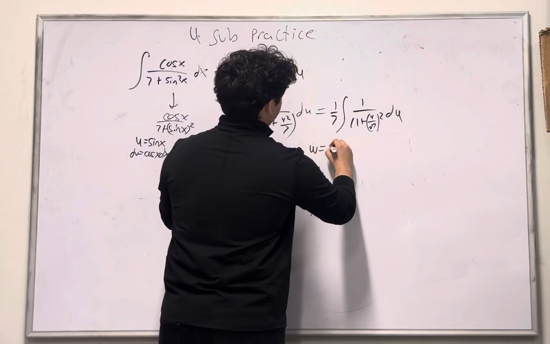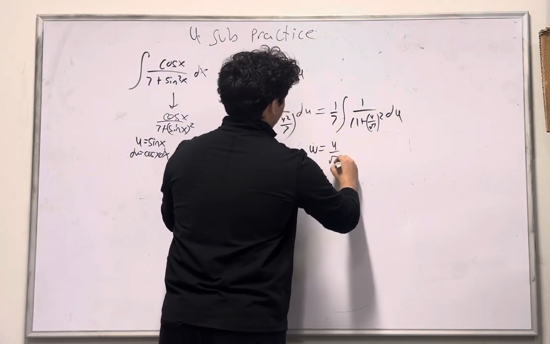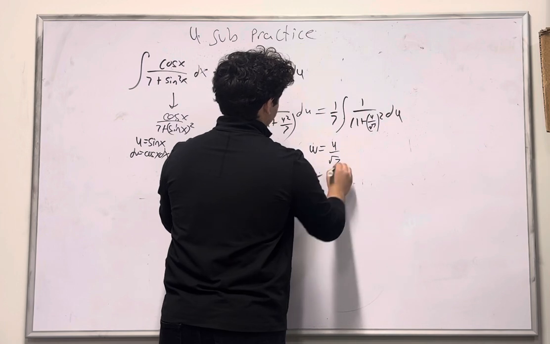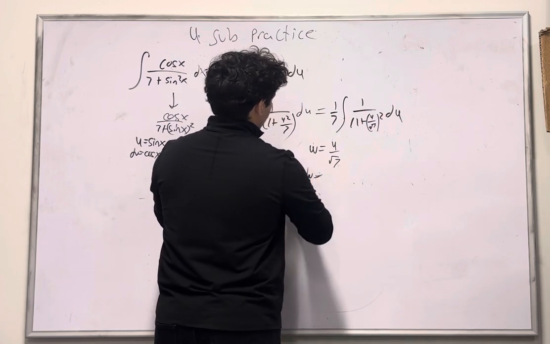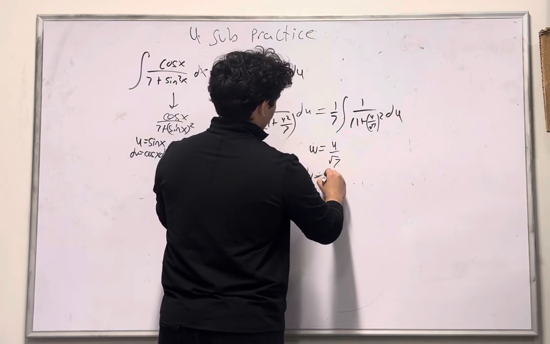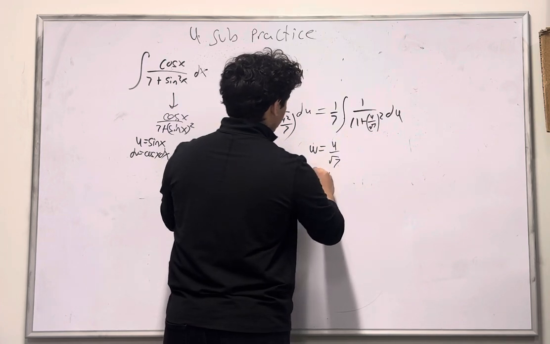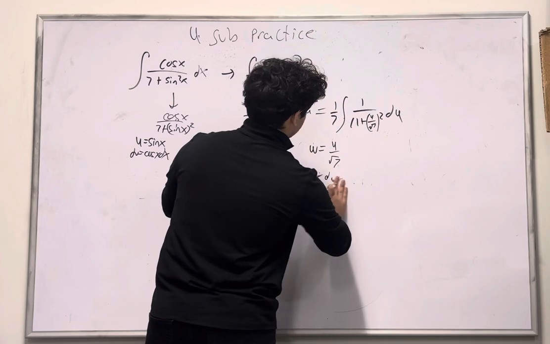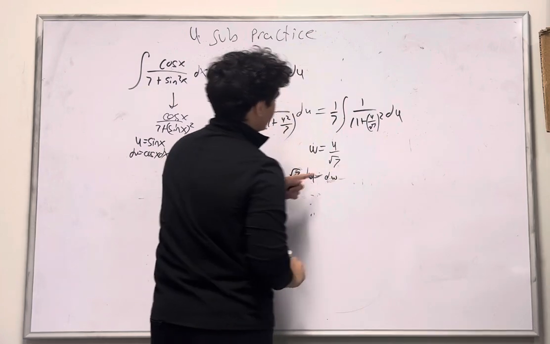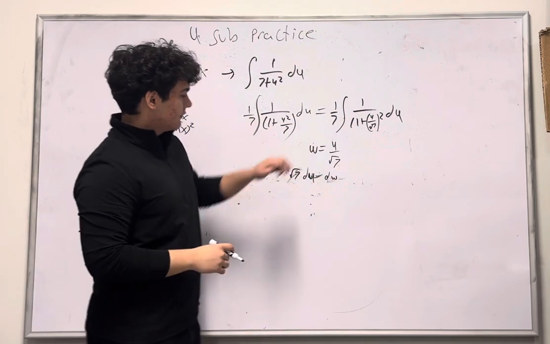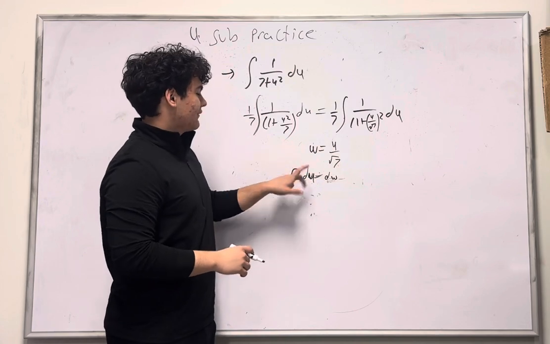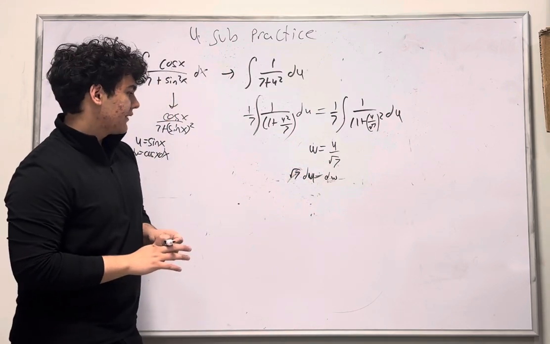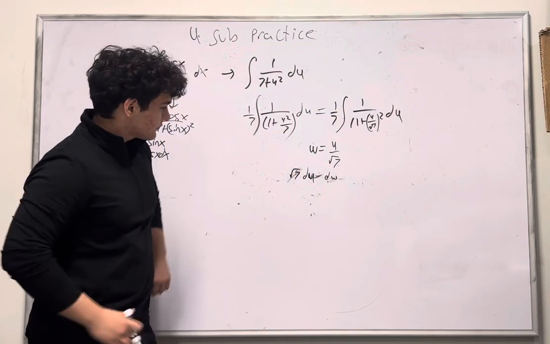So w is equal to u over rad 7, and then so dw will equal du over rad 7, so du is equal to rad 7 dw. Right? We need the rad 7 out in front, just so everything all comes together, right?